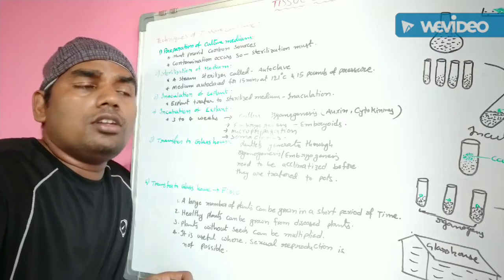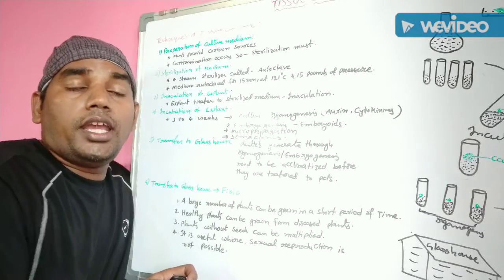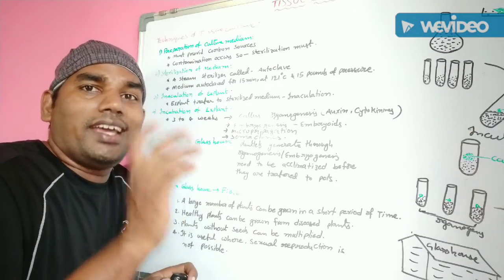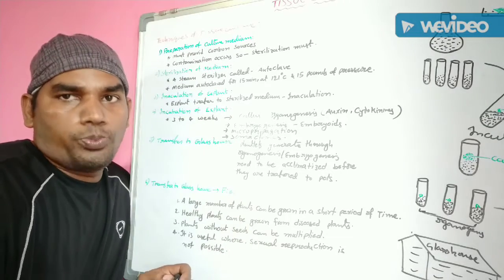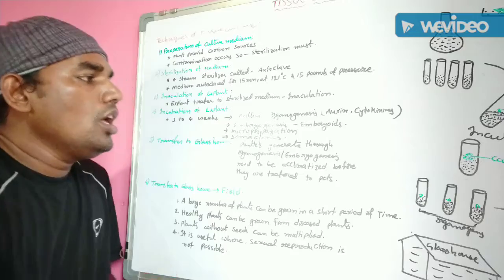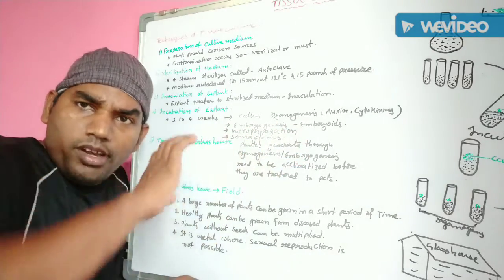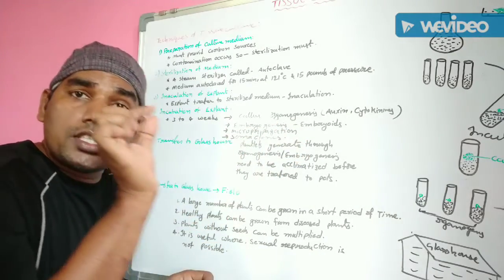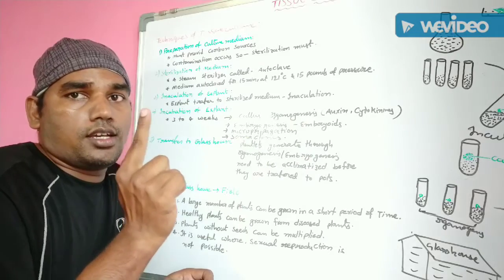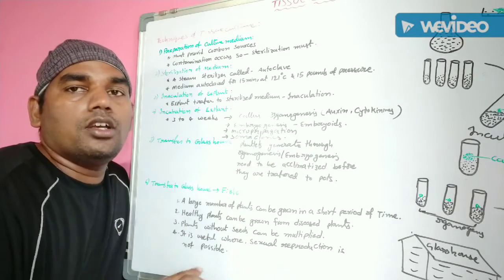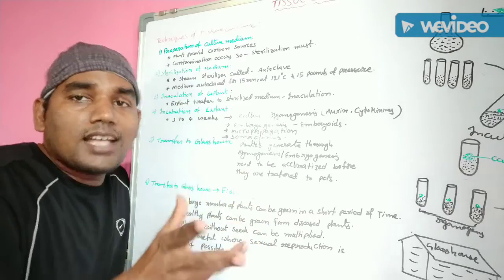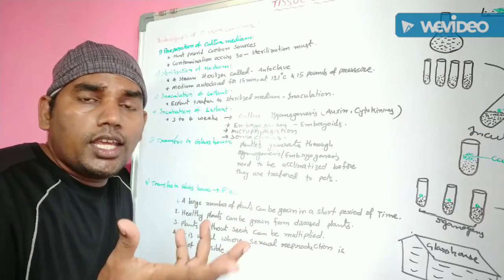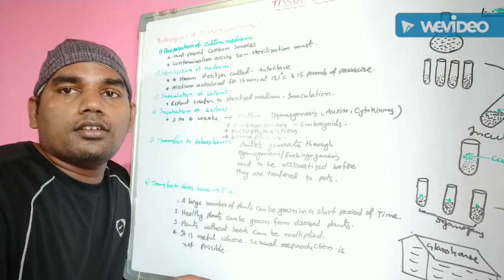Micropropagation means that within a short time a number of plants are produced from the explant. In micropropagation, a number of plantlets are produced from the same explant. So these are morphologically and genetically equal to the parental plant.